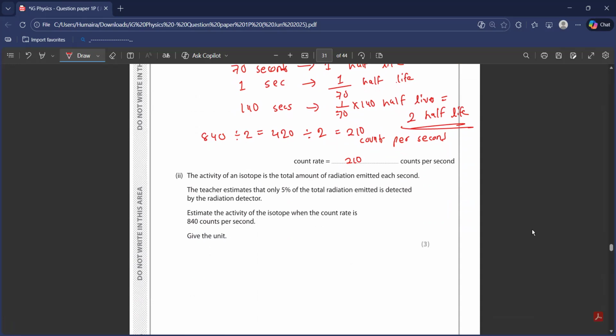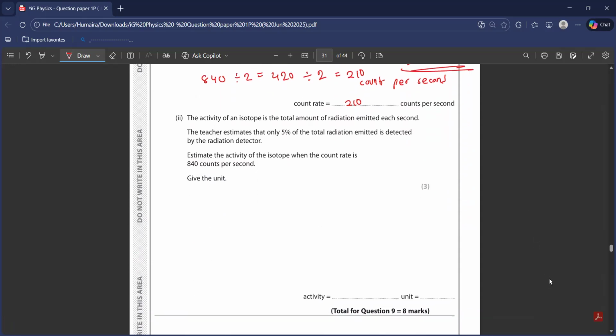Next, they're saying the activity of an isotope is the total amount of radiation emitted each second. The teacher estimates that only 5% of the total emitted is detected by the radiation detector. Estimate the activity of the isotope when the count rate is 840 counts per second. Basically, 840 counts per second is 5% of the total.